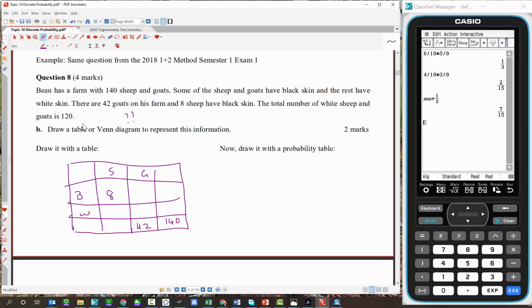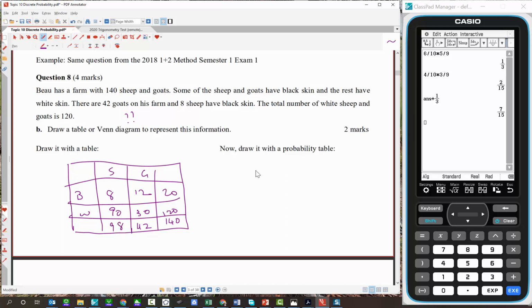The total number of white sheep and goats is 120. All right, so let's knock out the rest of the details. So that means that has to be 20, that's 12, that's 30, that is 90, and this is 98.